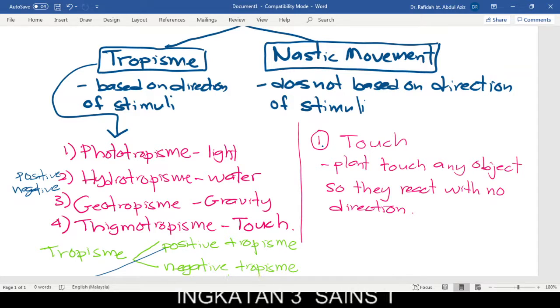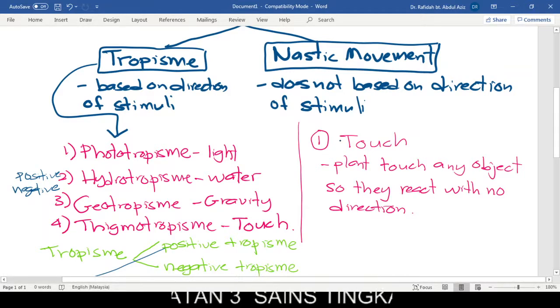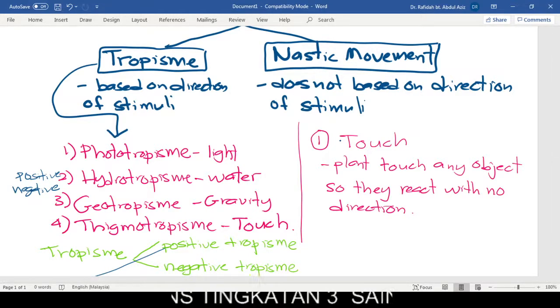Nastic movement and tropism have different criteria based on the definition itself. Nastic movement does not have any direction of the stimuli, and it occurs more rapidly than tropism.